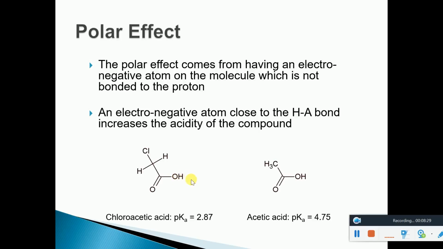If the same thing were to happen to this molecule, it couldn't really help very much with distributing the negative charge around. It would be pretty much centered in this area. But on this molecule, we can see more sharing of the negative charge, a delocalization of the negative charge, being helped out by the electron density pulling from the chlorine.